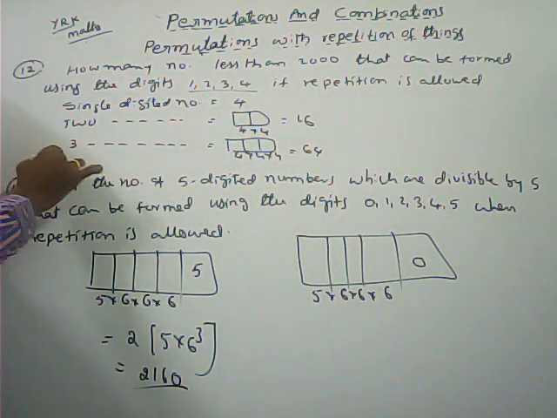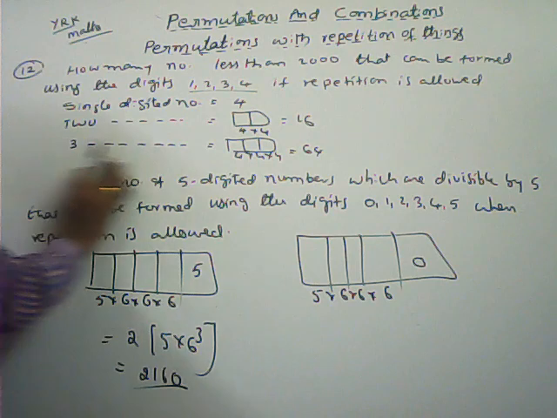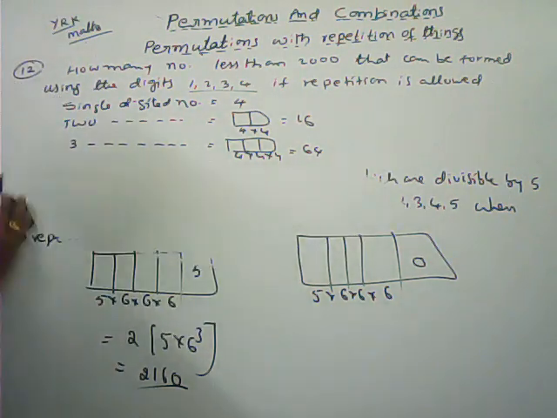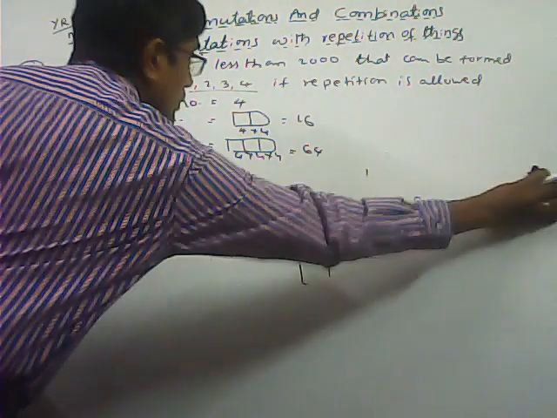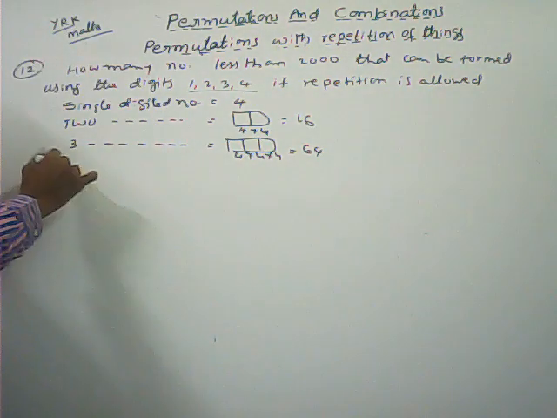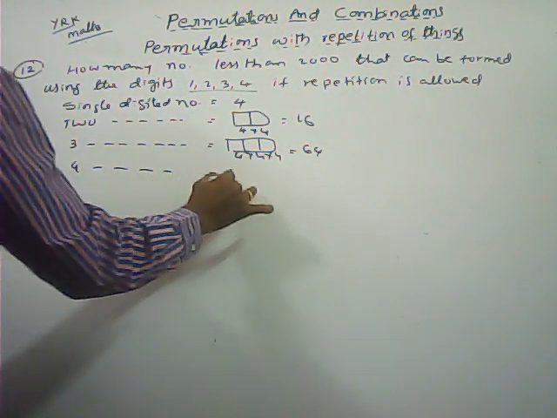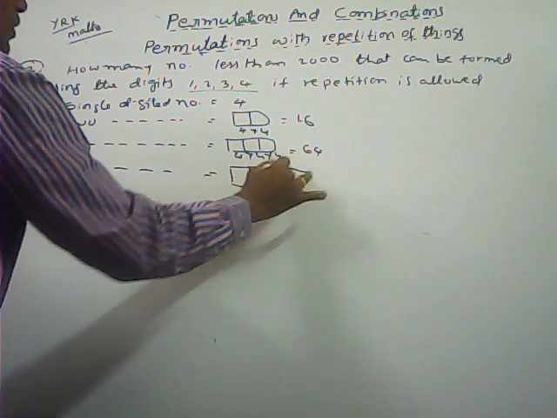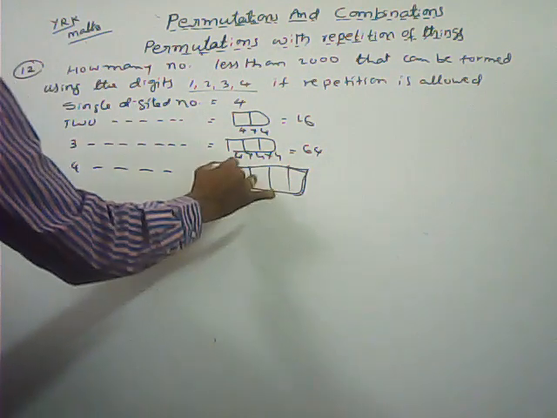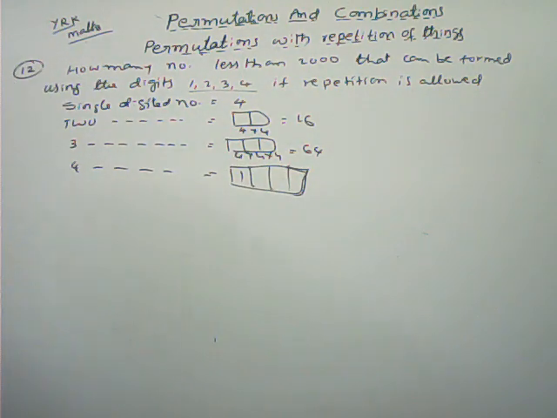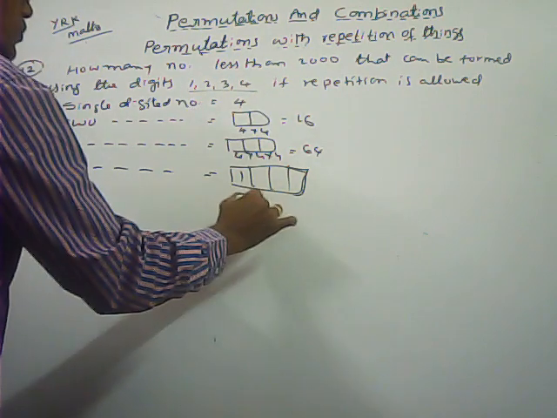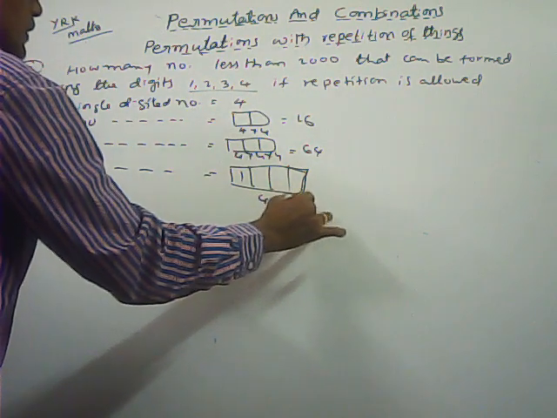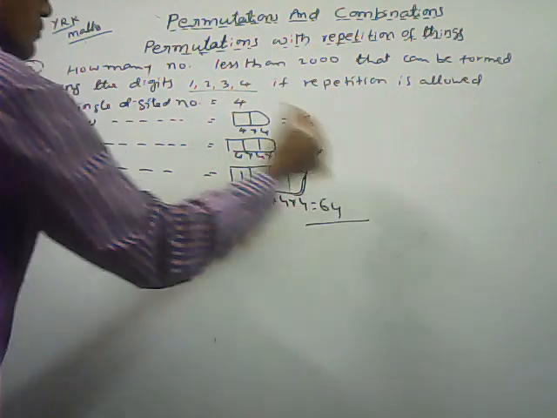Now 4-digit numbers, we don't want all. 4-digit numbers, here you can keep only 1 in the first place. Then 4 into 4 into 4, that is equal to 64.